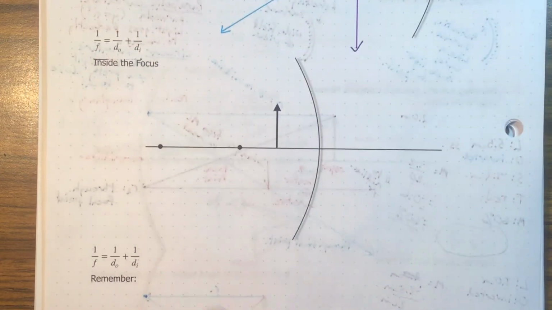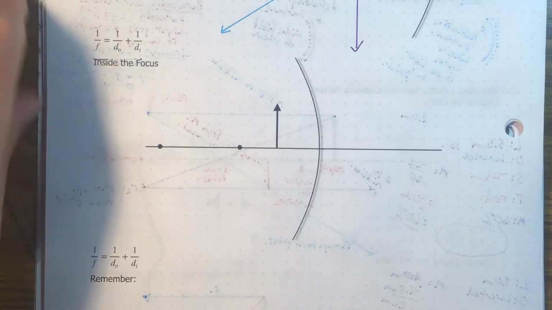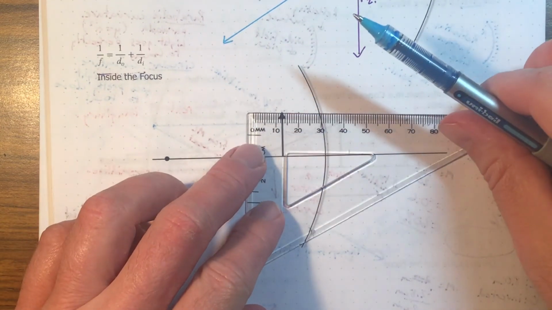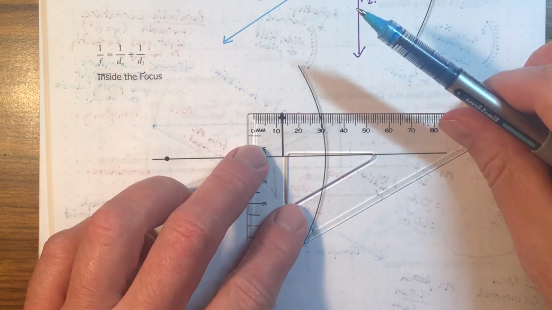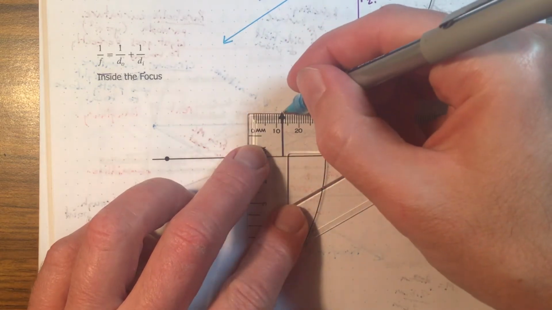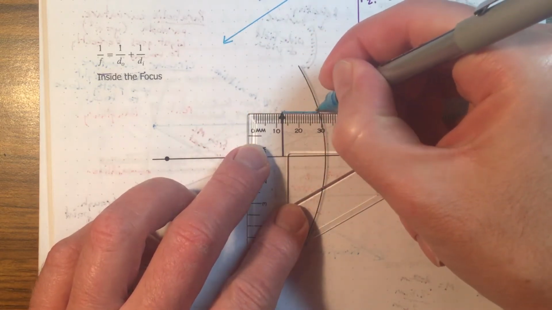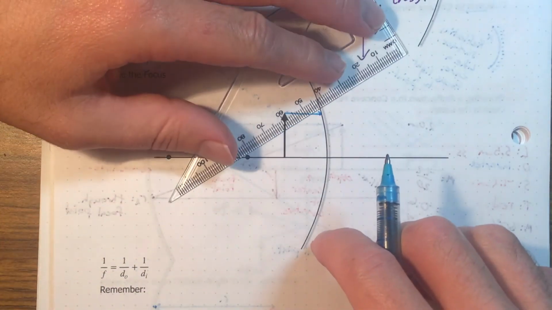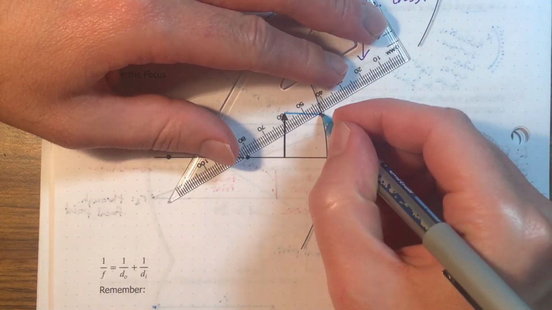Now the really oddball one. Inside the focus. Okay, so we started out the same way. Our first ray hits the mirror and reflects back.